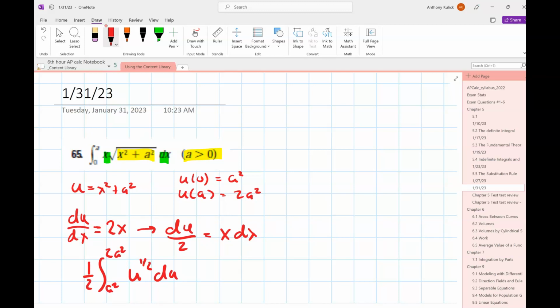Or you could leave your bounds the same and then substitute back in for your x's. That would be okay also. I'd rather do it this way. So the antiderivative of u to the 1/2 is u to the 3/2 with a coefficient of 2/3, and we're evaluating that from a squared to 2a squared.